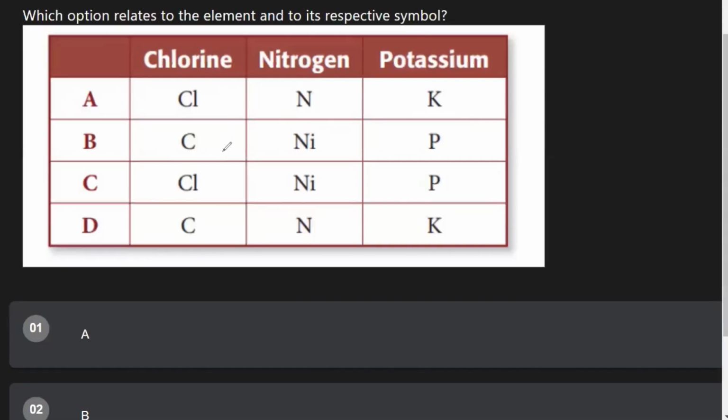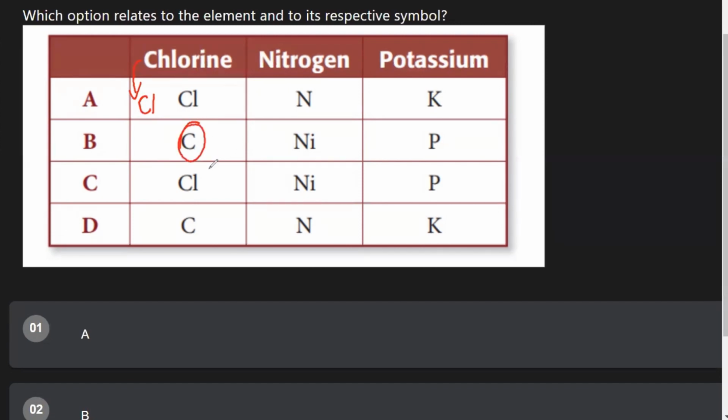Finally, let's look at another such question. Which option relates to the element and its respective symbol? We have chlorine, nitrogen, and potassium. Chlorine's symbol comes from its English name, chlorine. So chlorine will have the symbol Cl. Why not C? Because carbon was found much before chlorine.